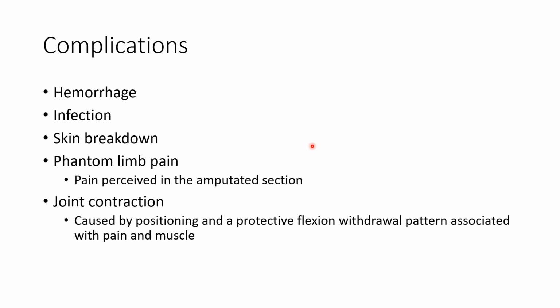So wherever the amputation is, let's say for example it's an above the knee amputation, the limb would tend to move towards the body or towards the stomach. That's a protective pattern because of pain and maybe improper positioning, right? So we want to prevent all these joint contractures as much as possible.